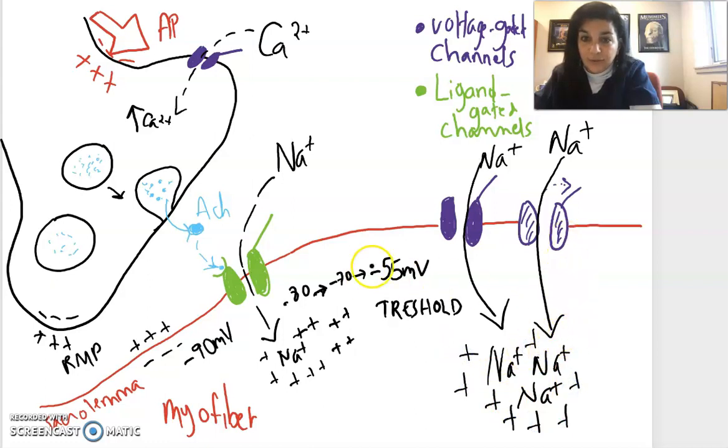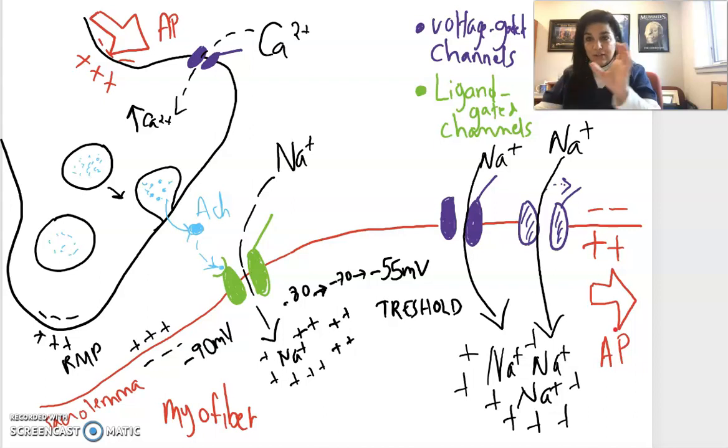At that point, we had enough positive charges that we're completely reverting the polarity at the membrane, and we have completely depolarized the sarcolemma, and we have recreated the action potential on the surface of this myofiber. And that's the part of excitation.